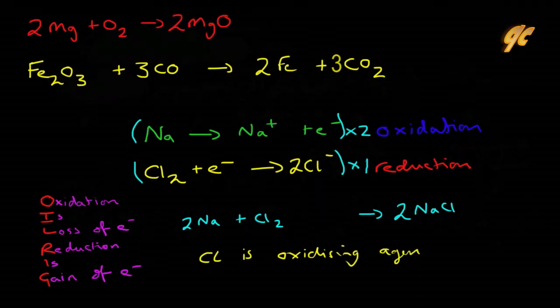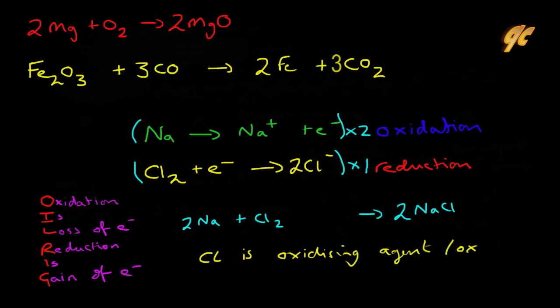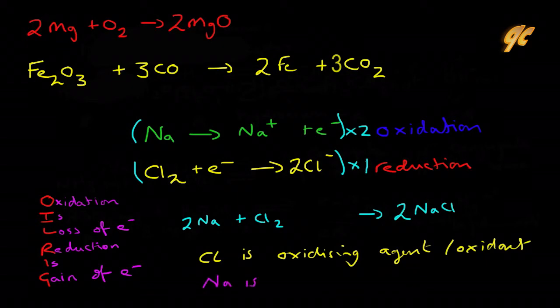We can also call this the oxidant. It also means to say, because the chlorine is reduced by the sodium, that the sodium is the reducing agent, or the reductant.